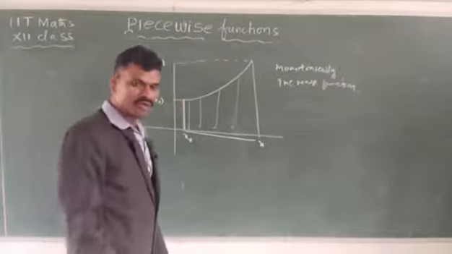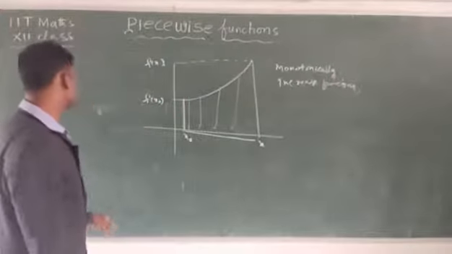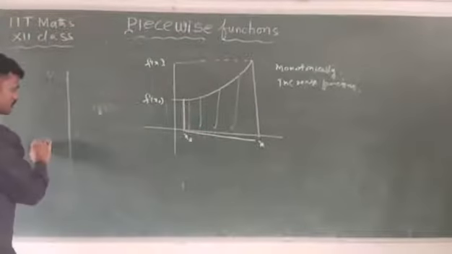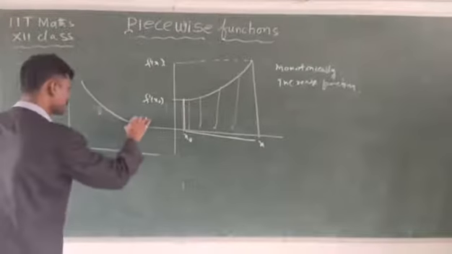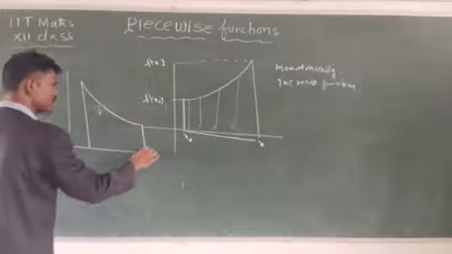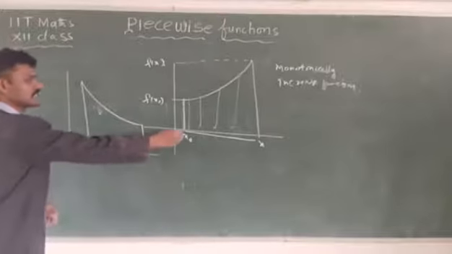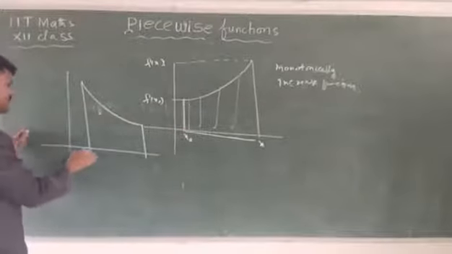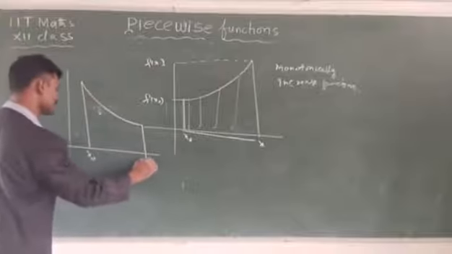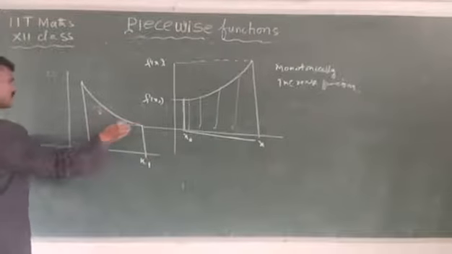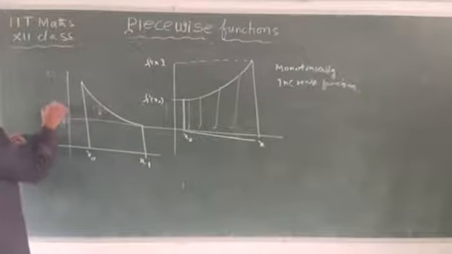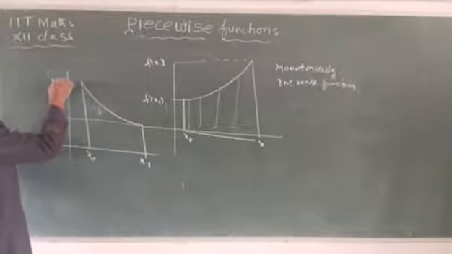Now monotonically decreasing function means, see here, under a certain interval only. This is x naught, this is x1, this is f of x1, and this is f of x naught.